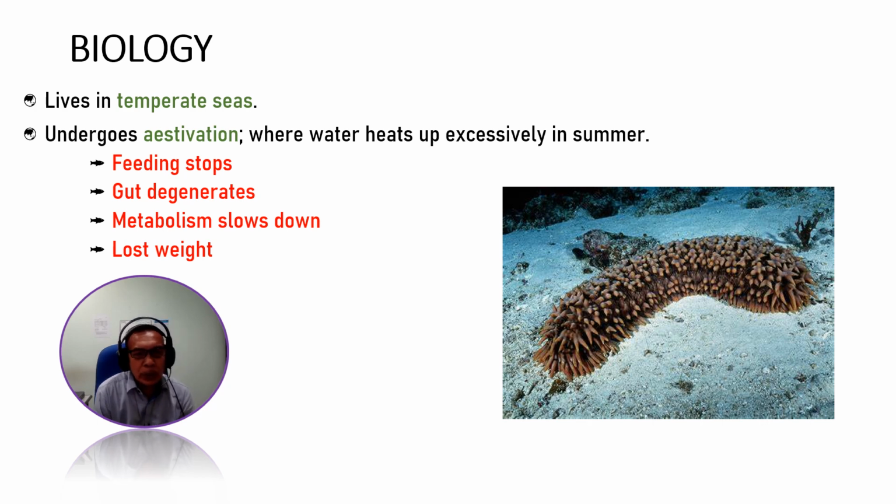So, when the water suddenly heats up excessively during summer, they will undergo aestivation. During this process, the feeding stops. The gut degenerates, their metabolism will slow down, and they will lose weight.